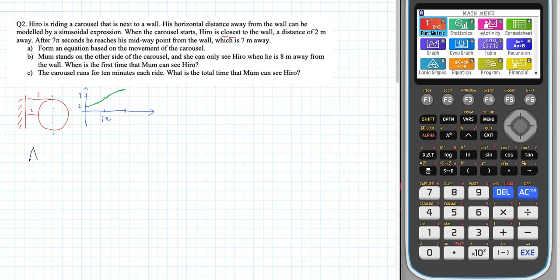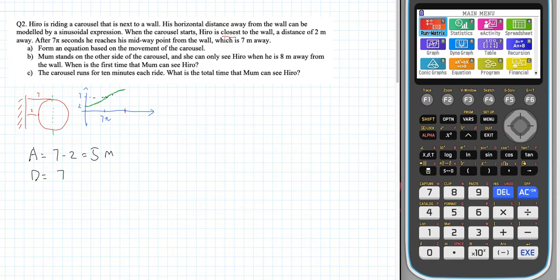A is going to be from the minimum to the center line, or from the maximum to the center line. Because we know the center line is 7 and the minimum is 2, 7 minus 2 gives you 5. That's A.